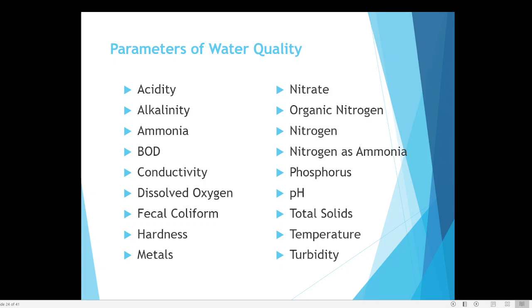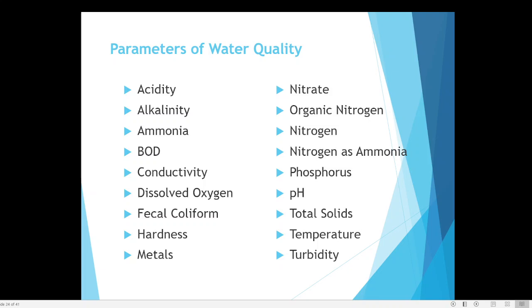Then BOD, biological oxygen demand. Biological oxygen demand is directly related to how much decaying matter is present. Decaying means presence of plant remains or animal remains.